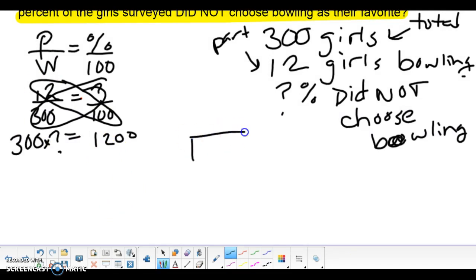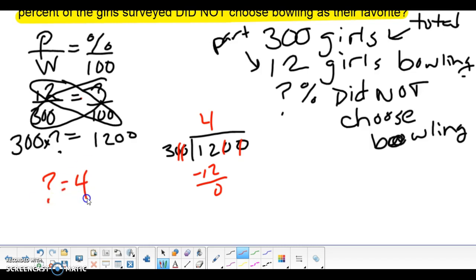I'm just going to divide again. And remember your shortcut, we can eliminate zeros. They both have 2 zeros, so I can take those out. So now I have 12 divided by 3, which is 4. So that question mark is 4, and we're looking for a percent.